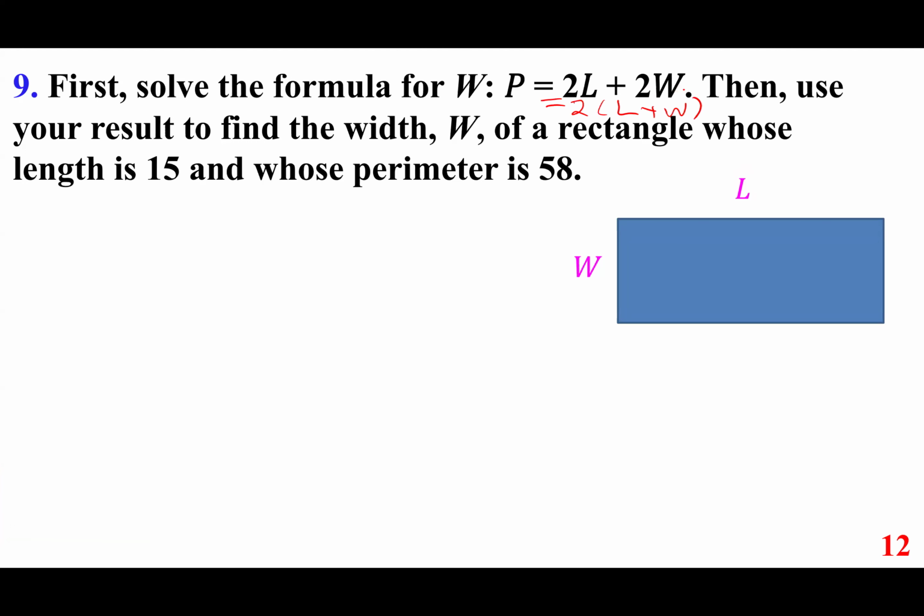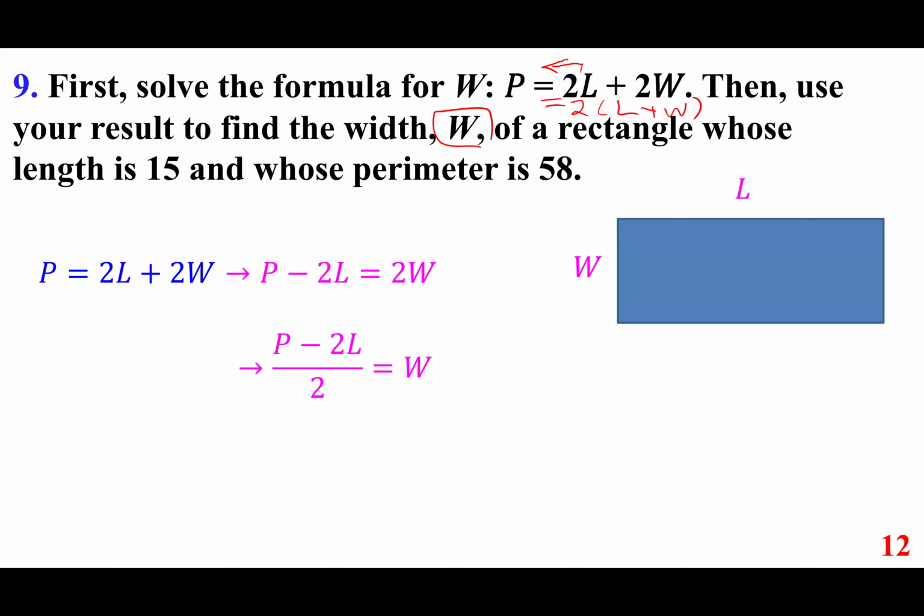But anyways, we are solving for the width. So we are going to move the 2L and subtract it from P. We're going to divide both sides by 2. Now, before we move on, I want to make sure we understand this is done and it can't be simplified further, because I've seen sometimes students cross this, which is wrong.